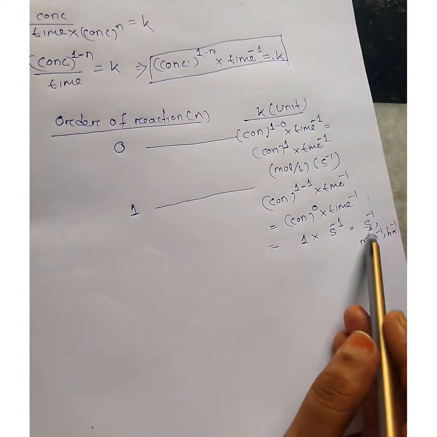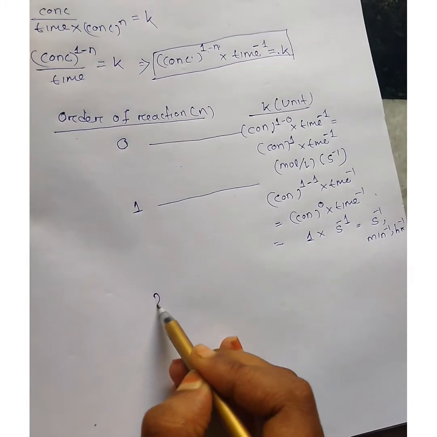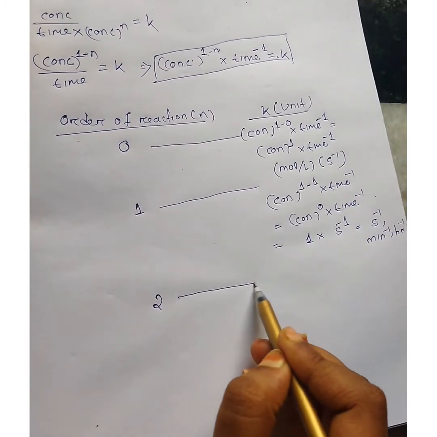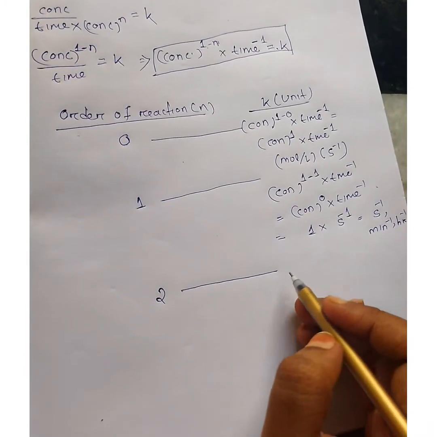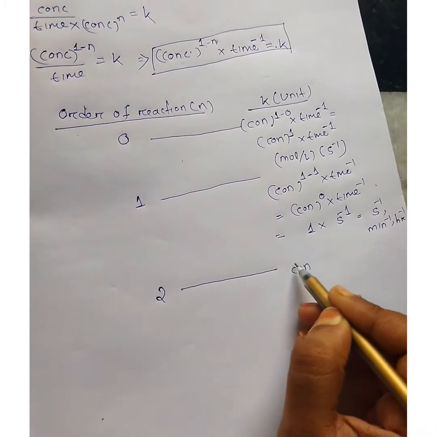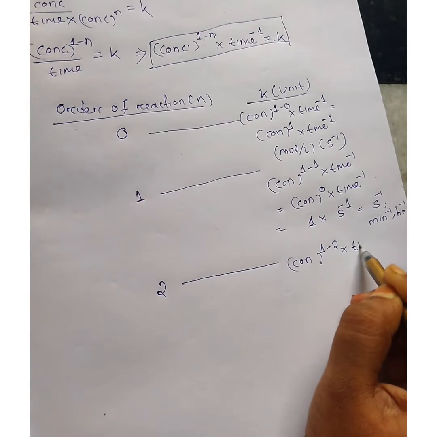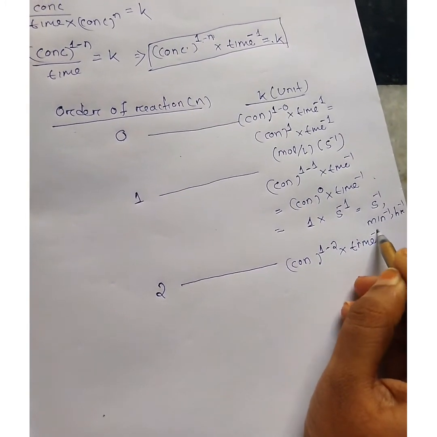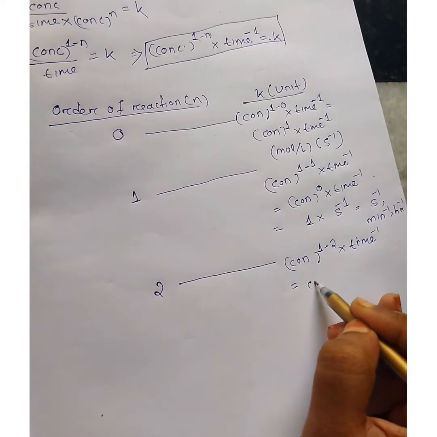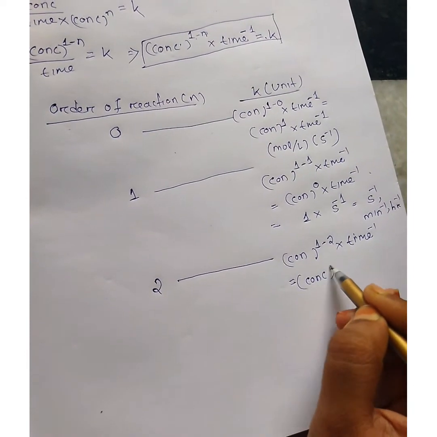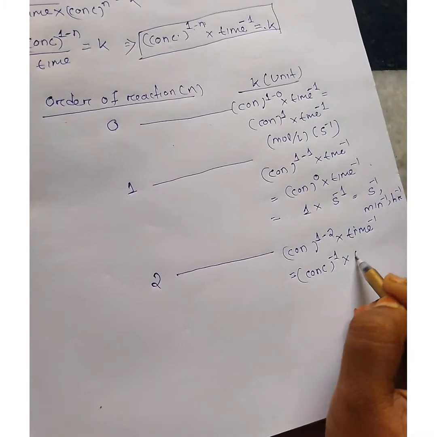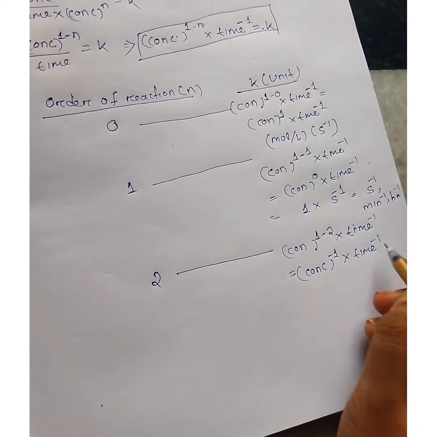It is second inverse. If it is second order reaction, then what is the unit? That is concentration to the power 1 minus 2 into time to the power minus 1. That is concentration to the power minus 1 into time to the power minus 1.